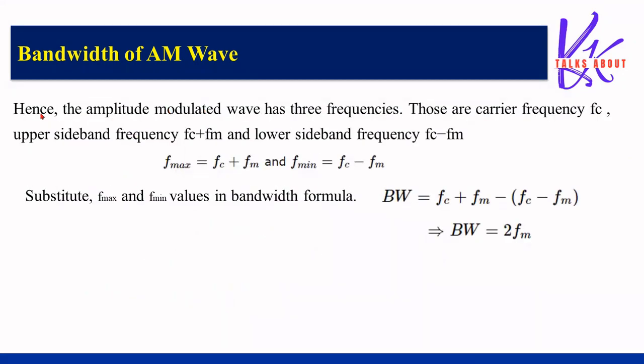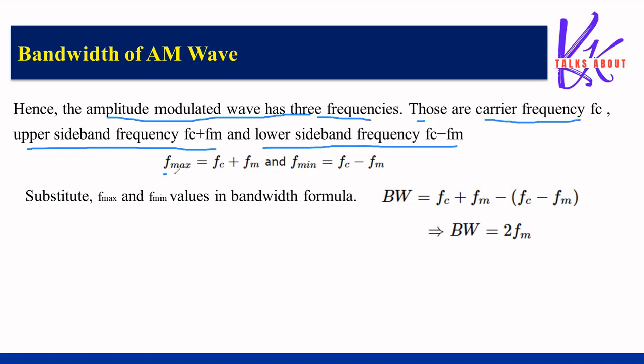Hence, the amplitude modulated wave has three frequencies: the carrier frequency fc, the upper sideband frequency fc plus fm, and the lower sideband frequency fc minus fm. So the maximum frequency is fc plus fm and the minimum frequency is fc minus fm.